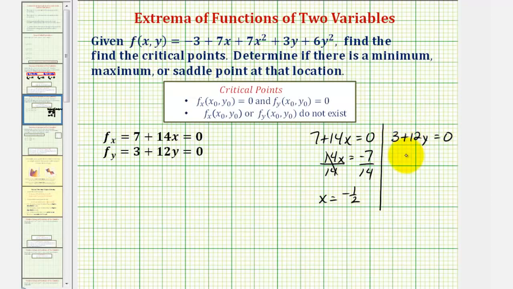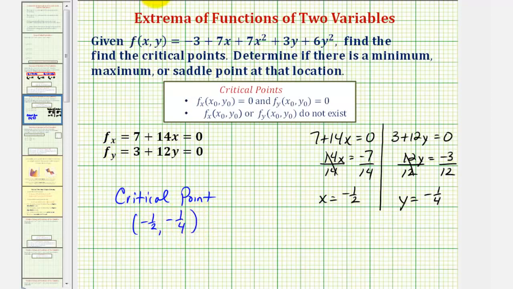So subtract 3 on both sides. Divide by 12. And we have y equals negative 1/4. So we only have one critical point, which is negative 1/2, comma, negative 1/4. So this is the first part of the question.